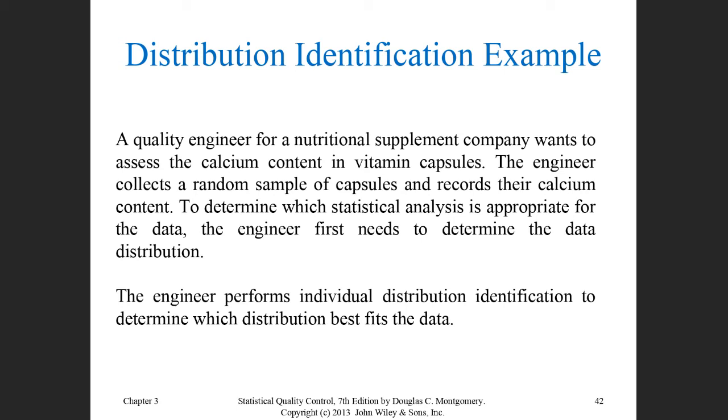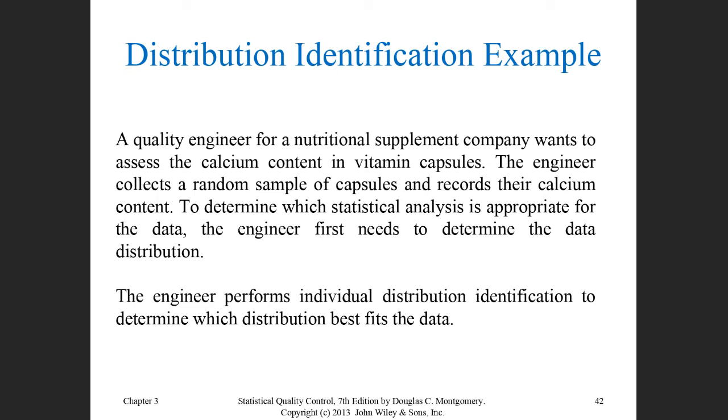To determine which statistical analysis is appropriate for the data, the engineer first needs to determine the data distribution. The engineer performs individual distribution identification to determine which distribution best fits the data. This is a typical case you may see. You have a sample of data. You don't know what type of distribution, what analysis you should make.